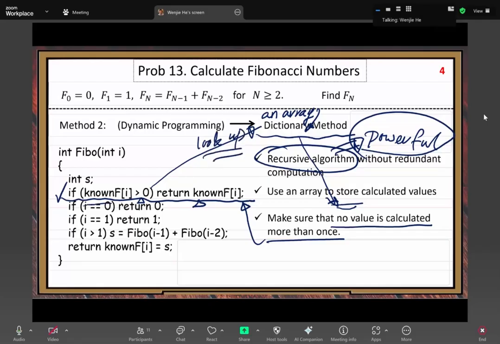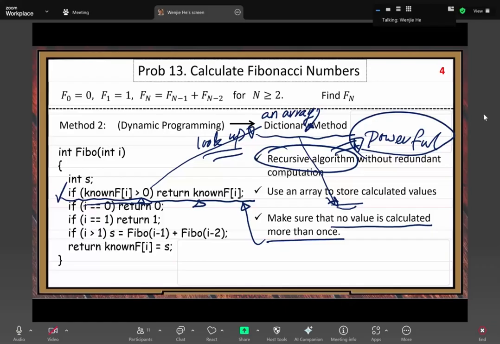Because you check this value is positive, that means you find it in the dictionary. You already found that Fibonacci number in the dictionary, then just return it. That's simple. No calculation, just return it. That's why it avoids redundant calculation in this way.